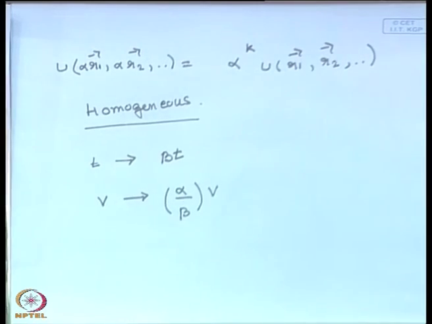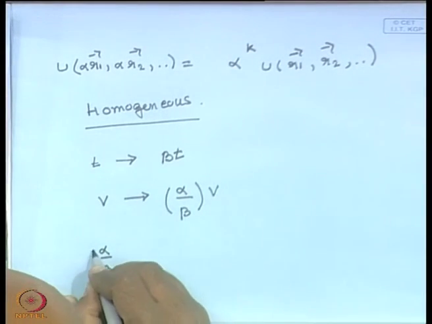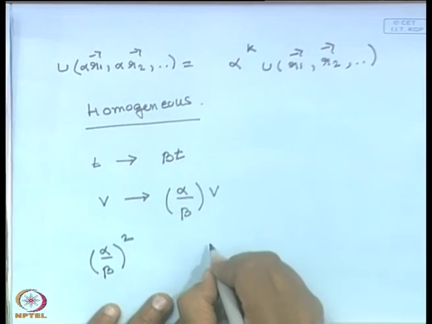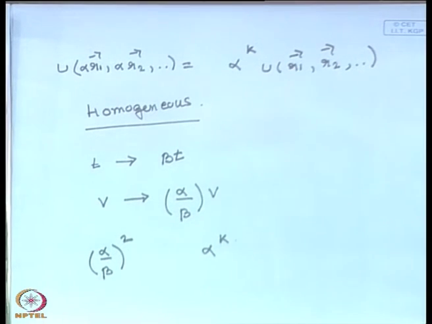If that is true, then the kinetic energy term, what is the kinetic energy term? Half m v squared. So we would like the v squared term, which will pick up alpha by beta to the power of 2, to be the same as alpha to the power of k.